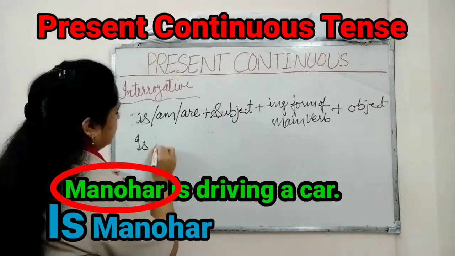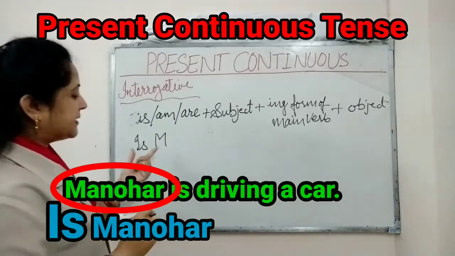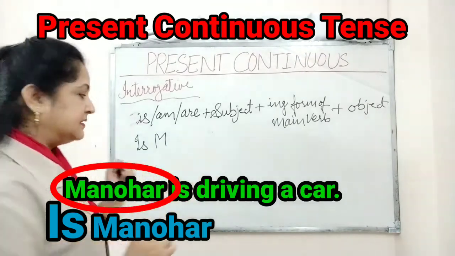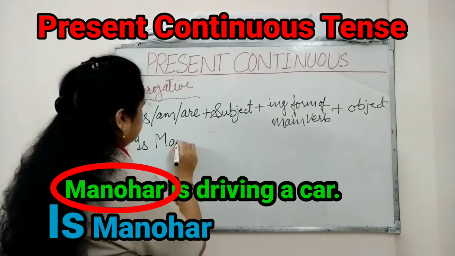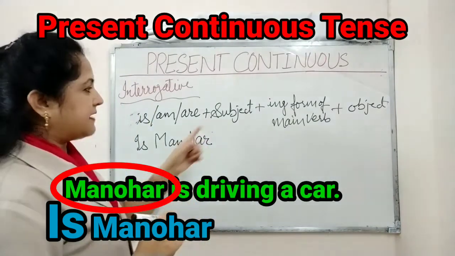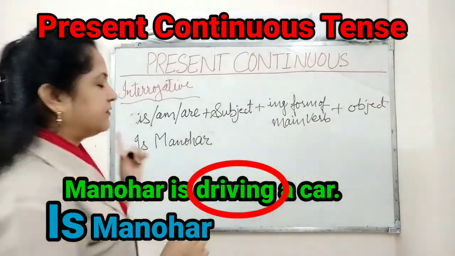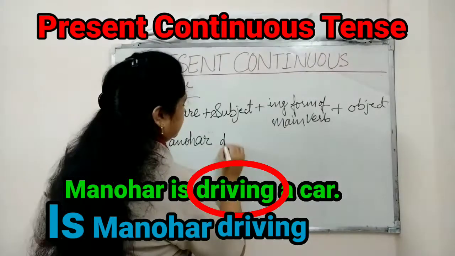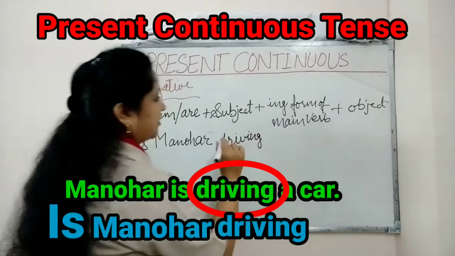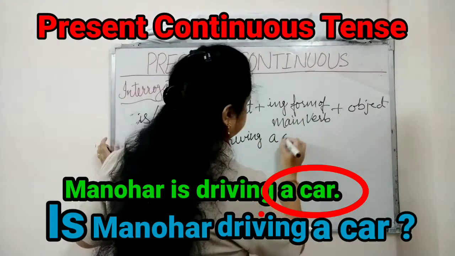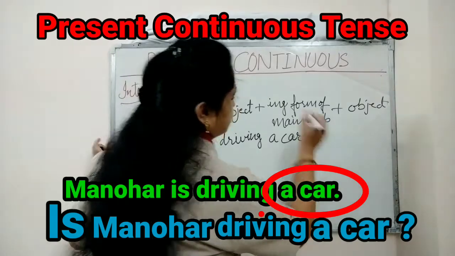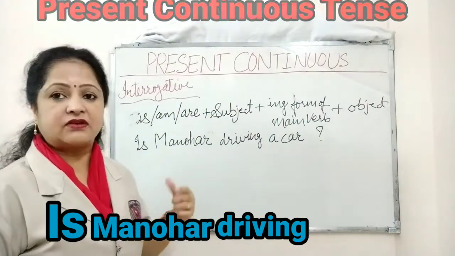Is Manohar. M should be in capital letter because we are writing the name of a person. After the subject, the ing form of the main verb: Is Manohar driving? Now the object, a car. Is Manohar driving a car? Question mark. Don't forget to put the question mark.